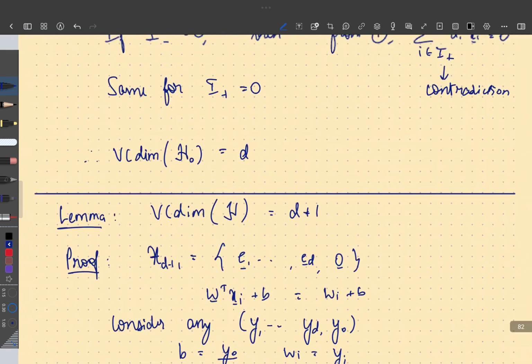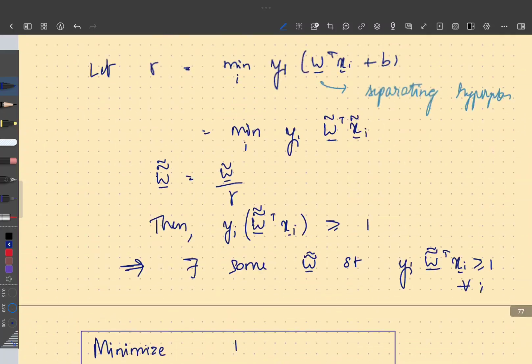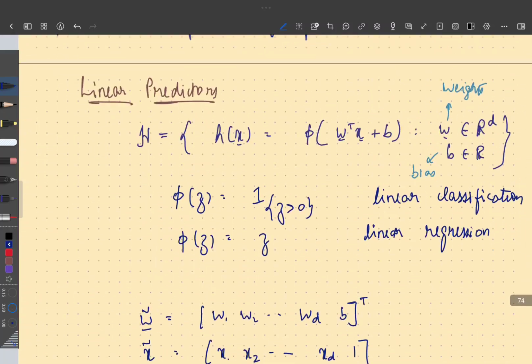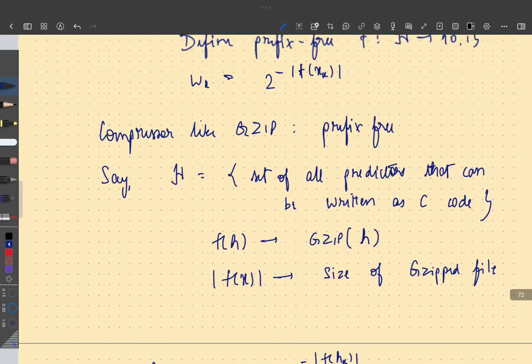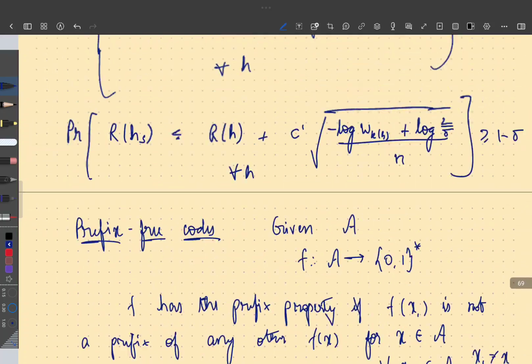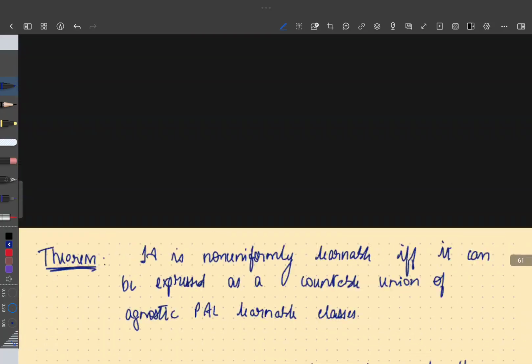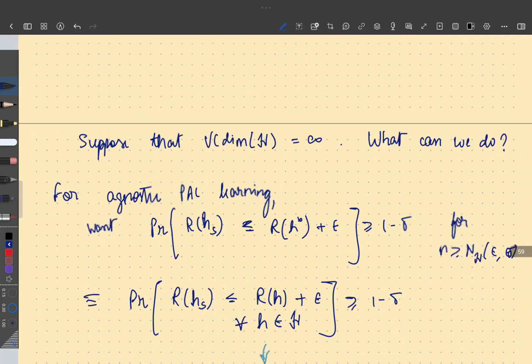So which means that now if I want a generalization bound, let's go back. I had this.